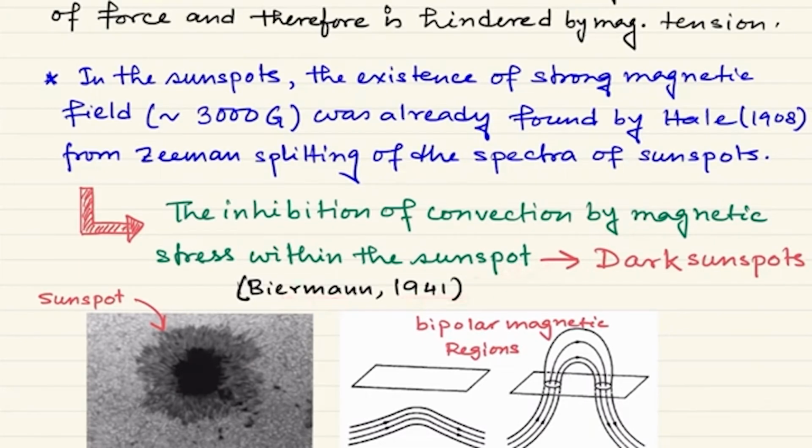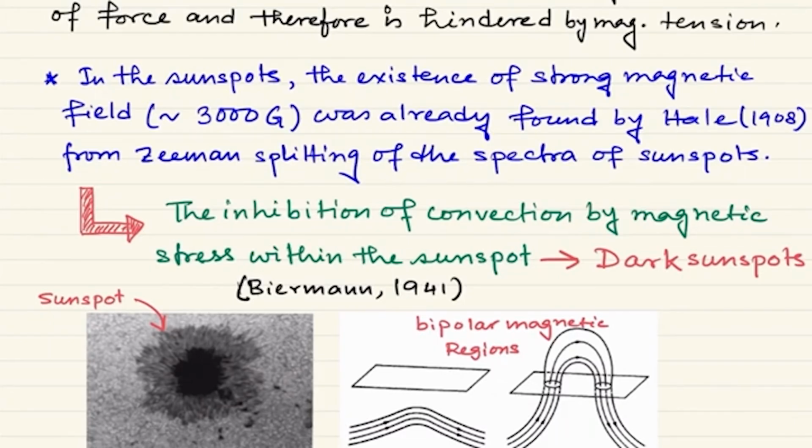Now, just before going to another topic, let me just tell you the dimension of the sunspot. Maybe nothing to do with that, but just for you to have an idea. The sunspots are of course nearly 10,000 kilometers in size, and actually you can see that there are sunspots in which the total Earth can go in.